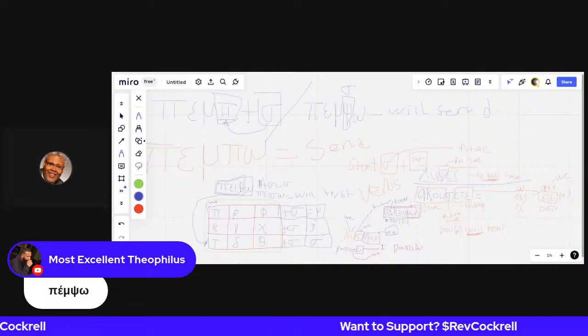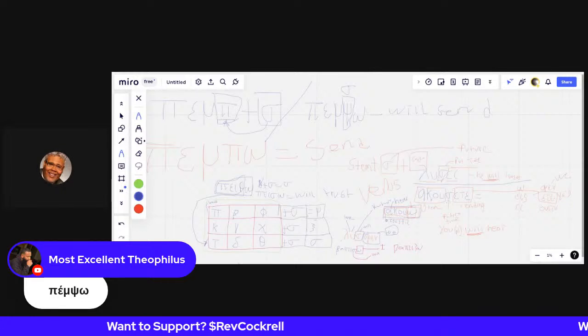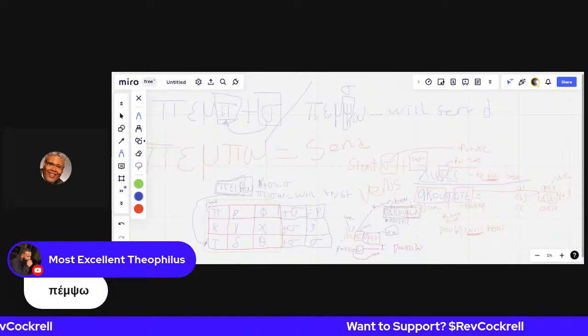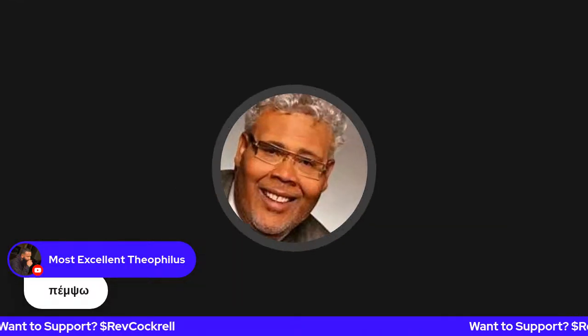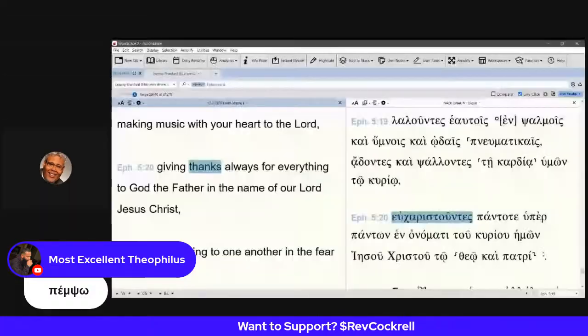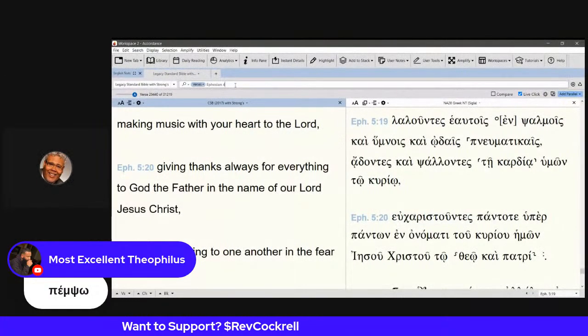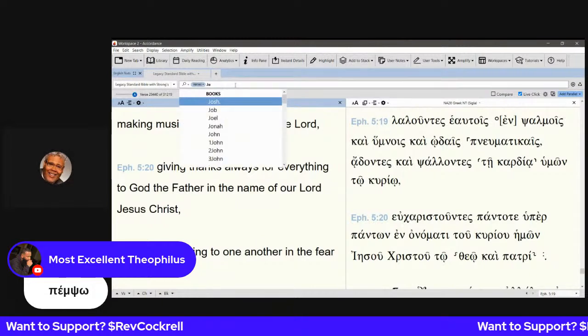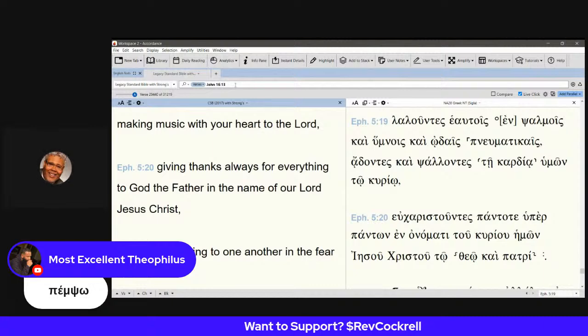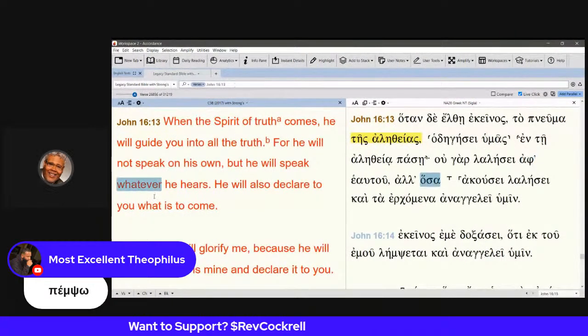Okay, let me see. There's something else I want to show us really quick. Let's get into an actual Greek passage and see what we can discover here. Let's go to John 16:13.